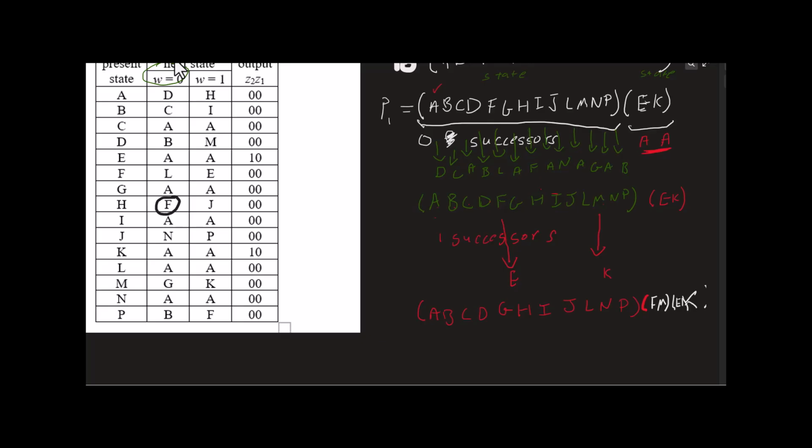I could go back and check every single one again, but I know they're all going to go back to this same partition unless they go to F and M. So all I can pull out here is H. So I will group together A, B, C, D, G, I, J, L, N, P. And then I'll put H.